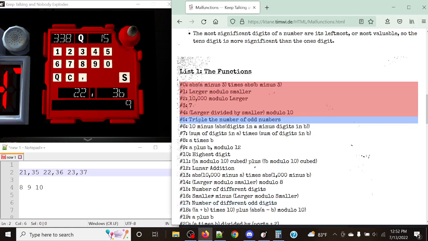Next up, 10 minus the absolute value of digits in A minus digits in B. In this case, that's simply going to be 2 and 2, because it's the amount of digits in each of these values. And we're going to be subtracting 10 minus 0. It's as simple as that.